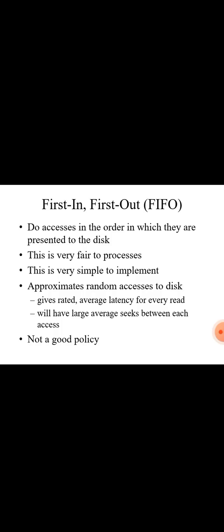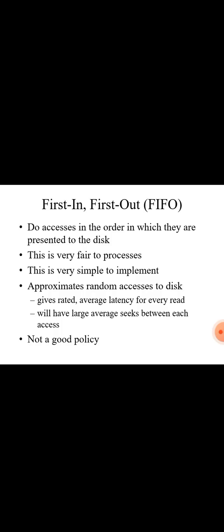Compared to other models, FIFO is very easy to understand and simple to implement. It approximates random accesses to disk, gives a poor average latency for every read, and will have large average seeks between each access. It is not a good policy.